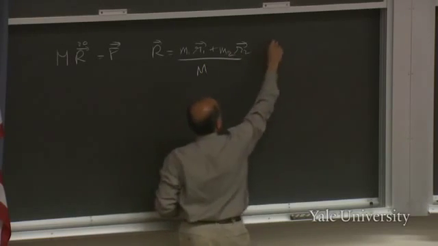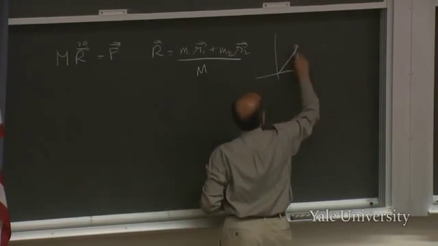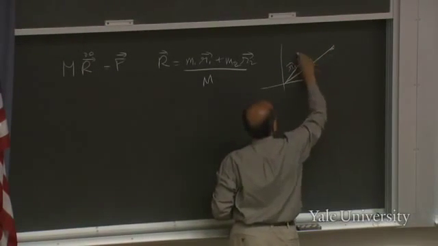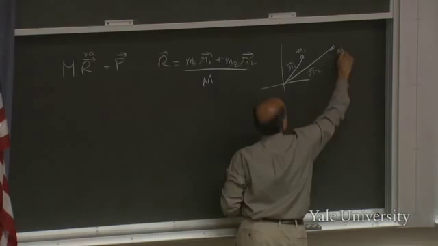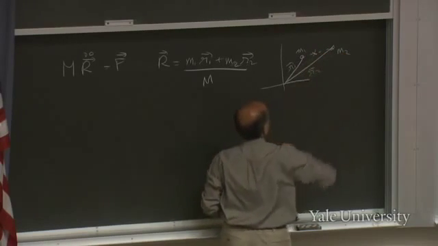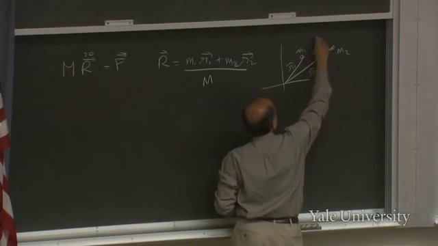R1 and R2 are just the location now in two dimensions of these two masses. So here is M1, and here is M2, and the center of mass, you can check, will be somewhere in between on the line joining the two points, but it will now be a vector.